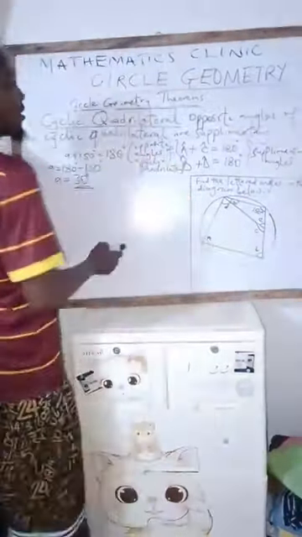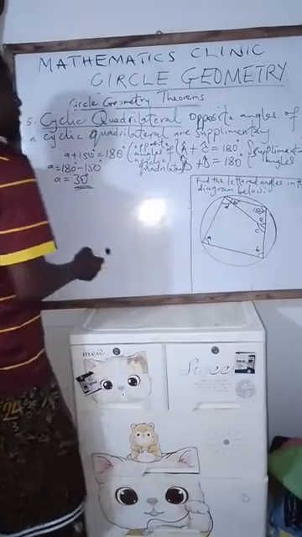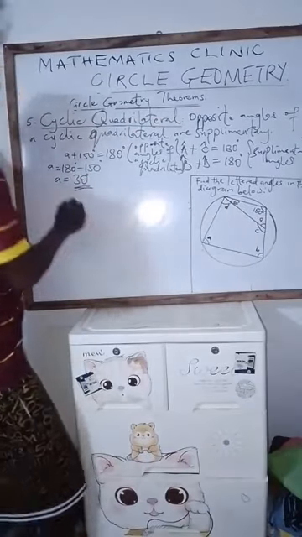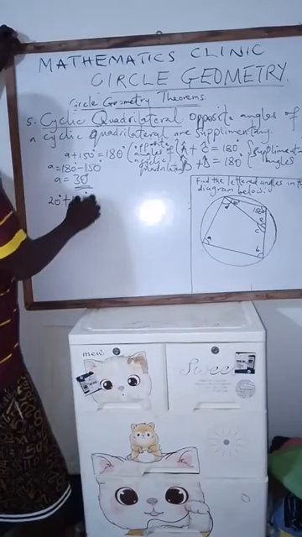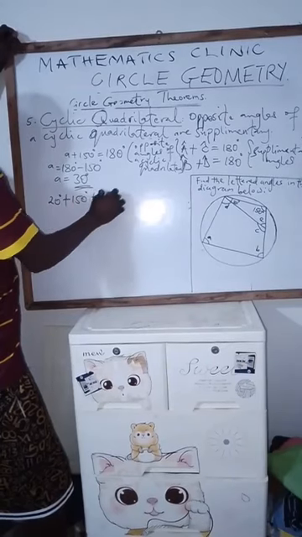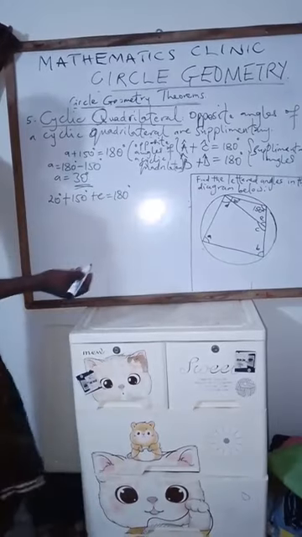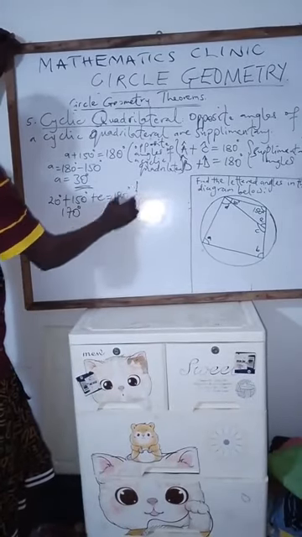If you look at E and C, what do we do? Look at angle E, angle 20 degrees and angle 150. They are inside a triangle. So we say 20 degrees plus 150 degrees plus E is equal to 180 degrees. 20 plus 150 is 170. Why do we have to do this?